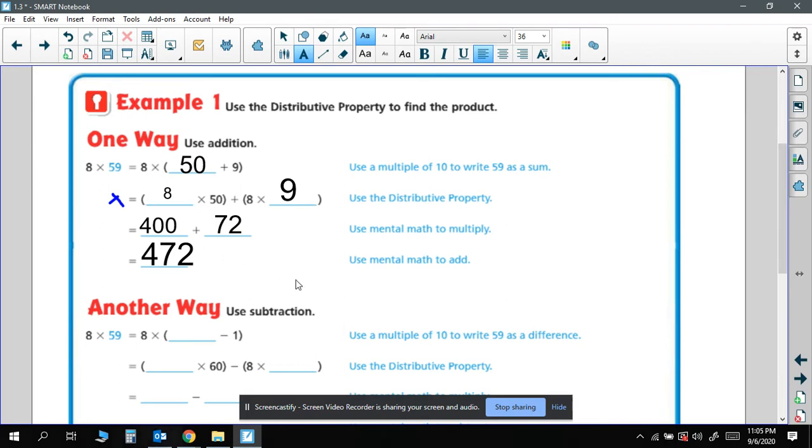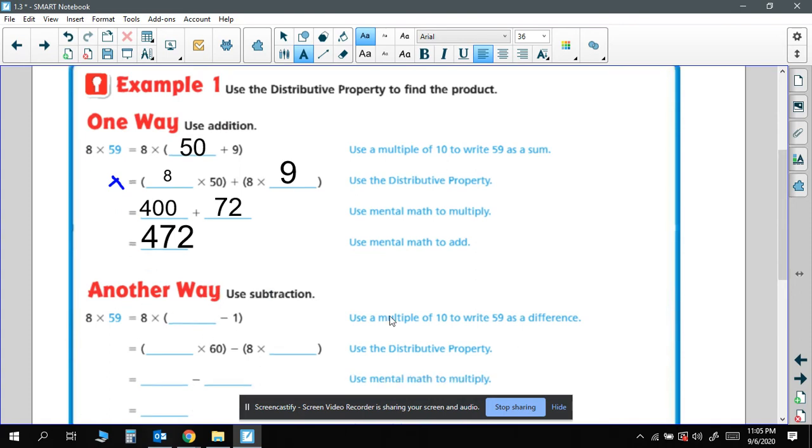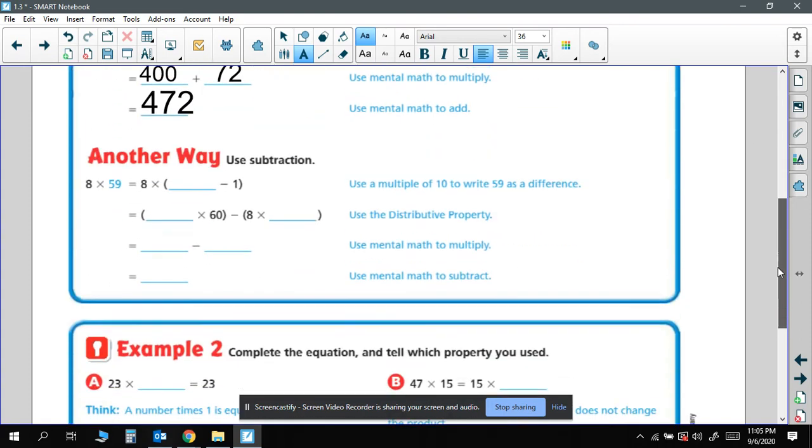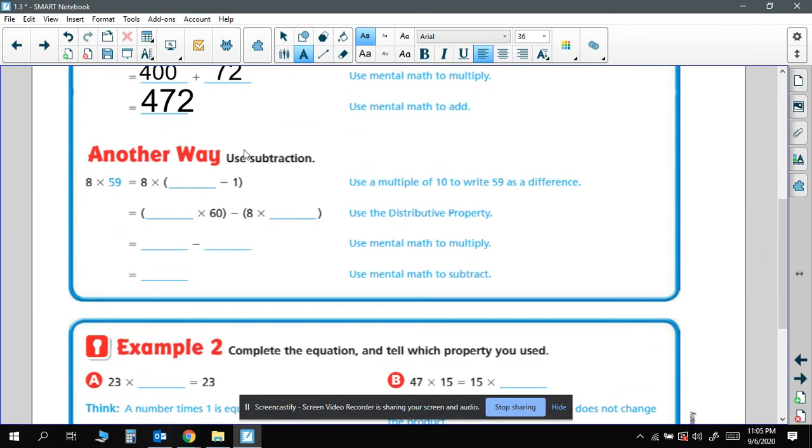All right. So we're going to look down here at the same problem, but now another way to do it would be to use subtraction. Okay, to me this one's a little harder, but you can try it, give it a go. If it's a little easier for you, that's fine. We have 8 times 59. Remember, now we need to break down that 59. So what they're saying is use a multiple of 10.